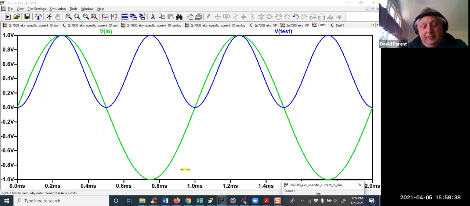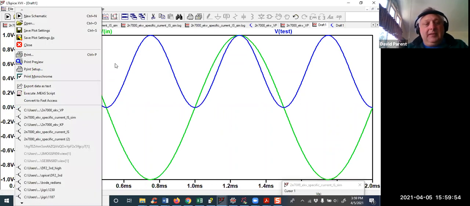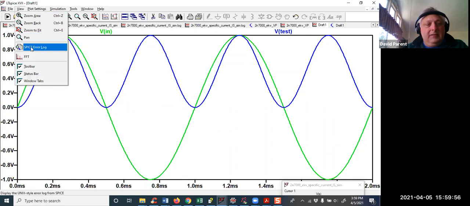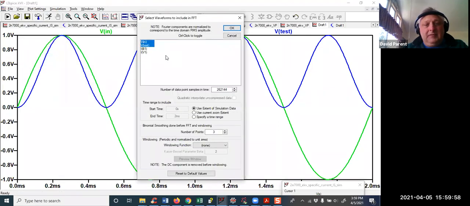But notice the period of the original waveform is 1 millisecond, right? But by taking the square, right, this now becomes positive, and I've doubled the frequency. All right. But let's look at the FFT.